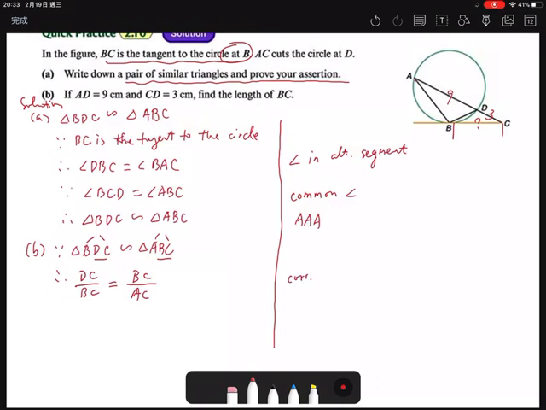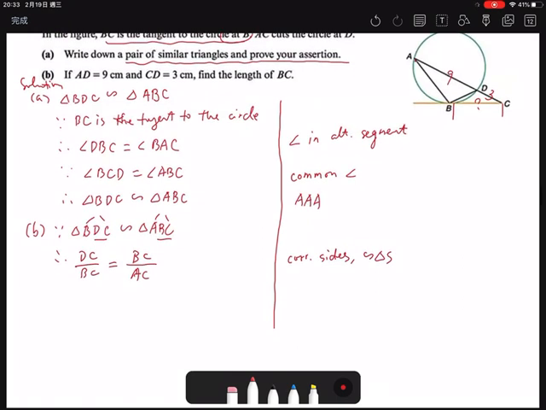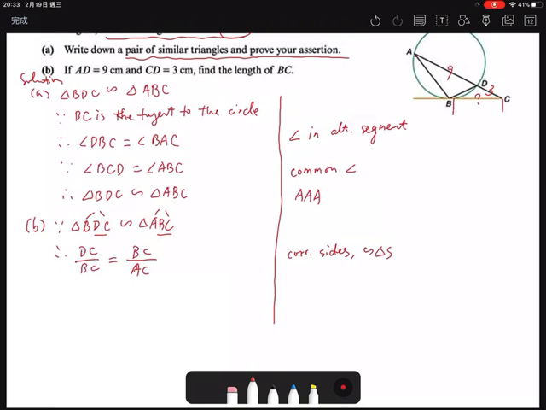The reason is corresponding sides of similar triangles. All right, and then we can get that BC square equals DC times AC.